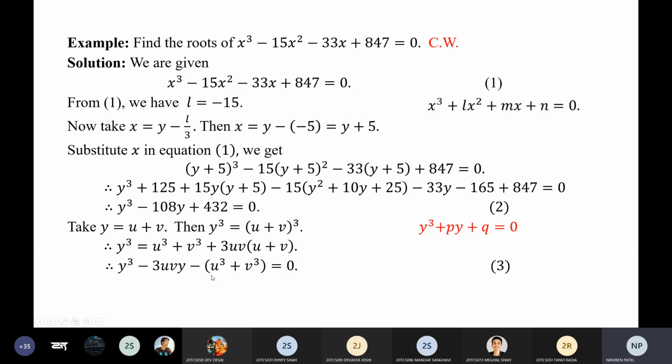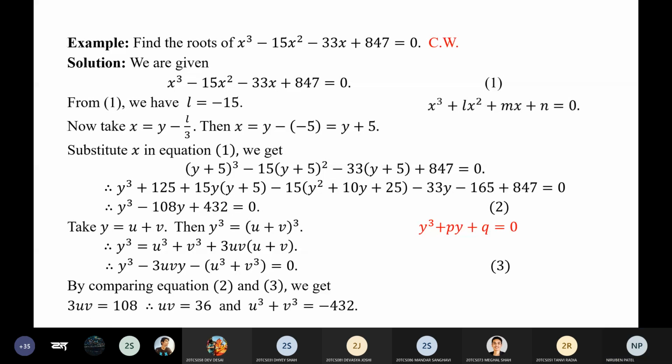And after that we will compare them. By the comparison, 3uv is equal to 108 and u cube plus v cube will be minus 532. Is it okay, beta?